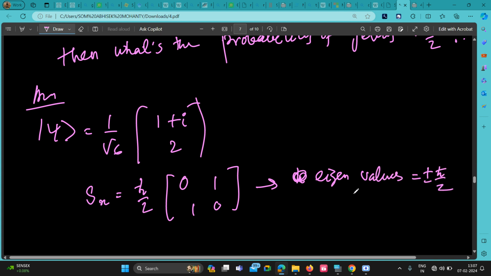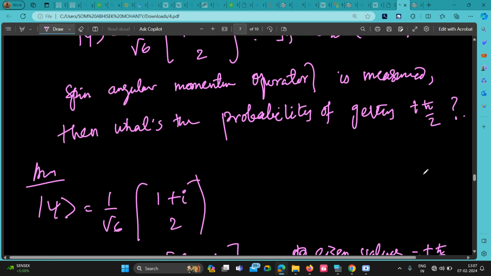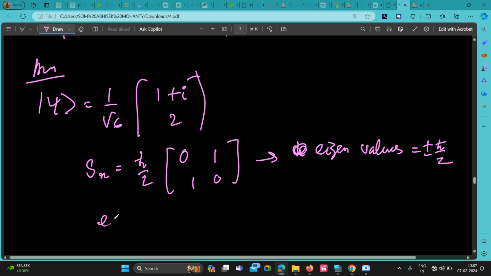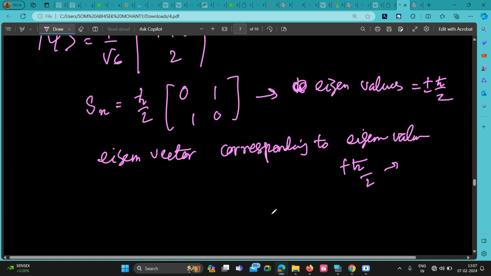But the eigenvector corresponding to h cross by 2 is how much? Because we need plus h cross by 2. So the eigenvector corresponding to eigenvalue plus h cross by 2 is 1 by root 2 (1, 1). Okay, this is the eigenvector. You have to remember this.